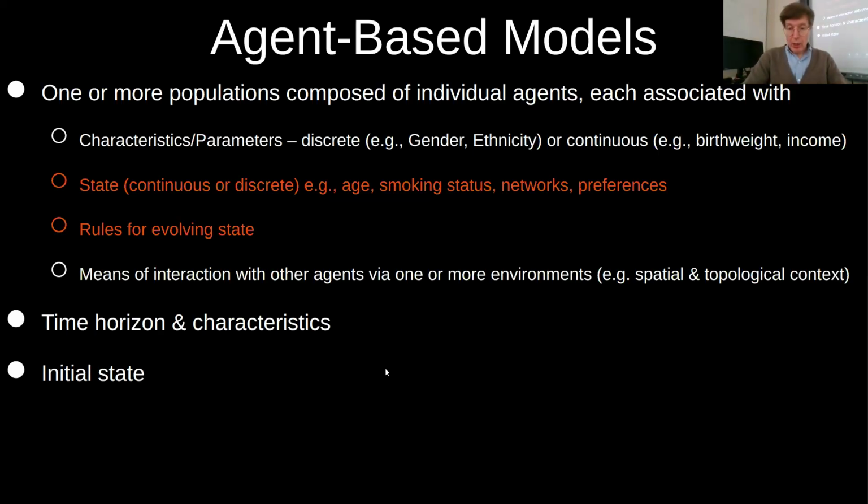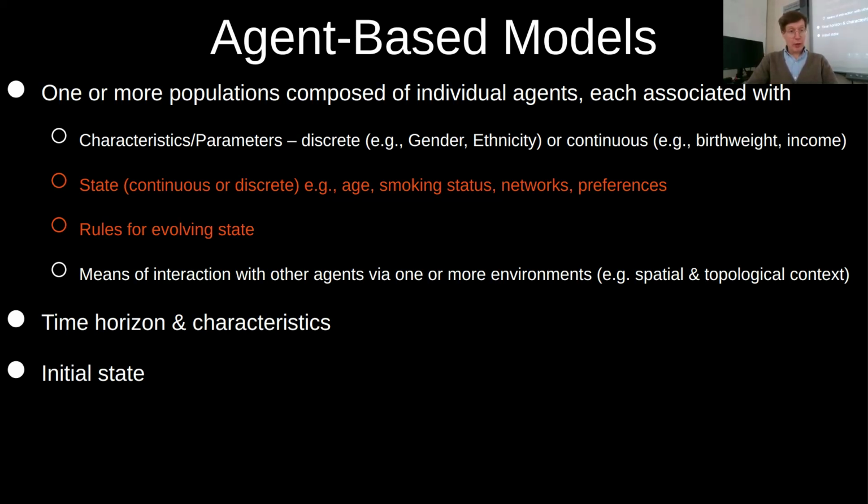Okay. Class members will recall that agent-based models are defined by a set of characteristics. One of the most central of those characteristics is the fact that we have one or more populations composed of individuated agents, individuals who are in some sense autonomous.